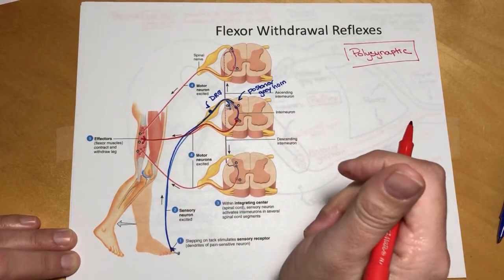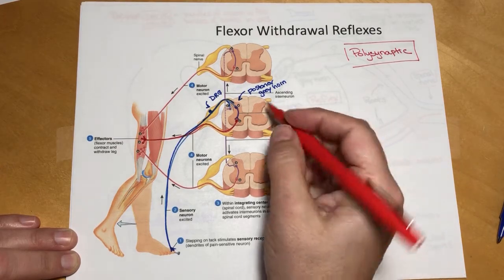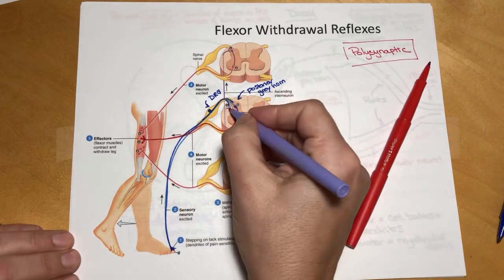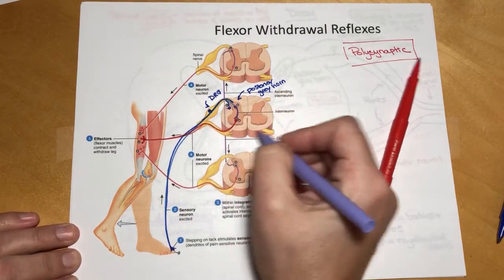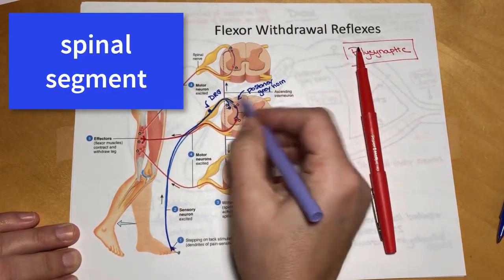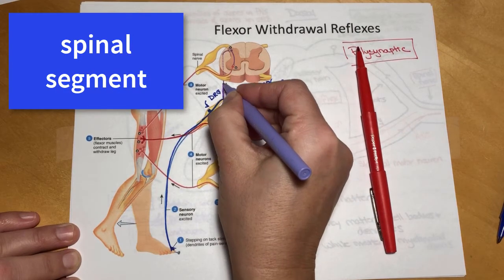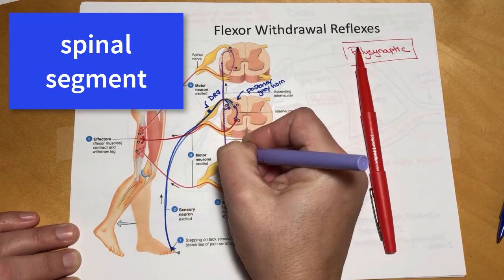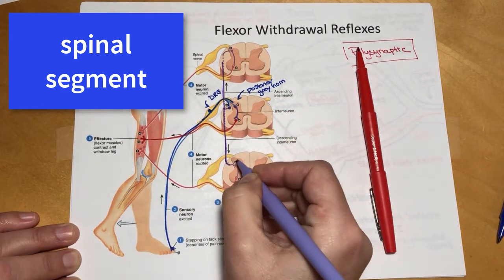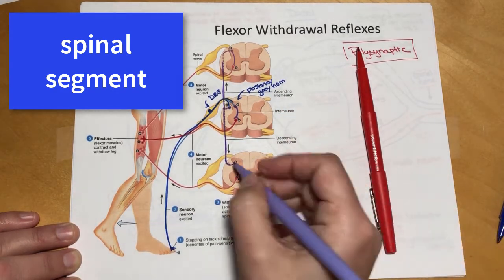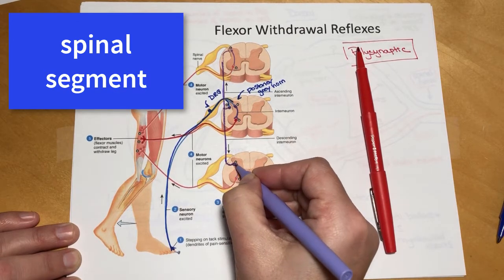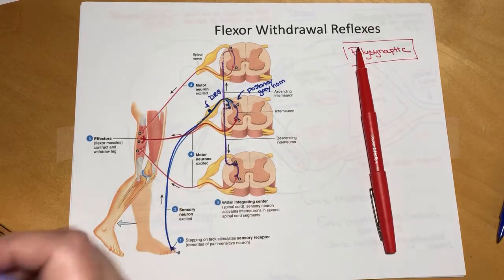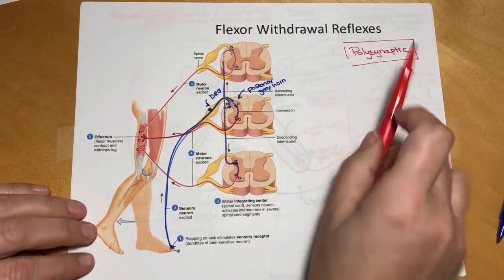However, something we haven't seen yet is an ascending and descending tract. So from this slice of the spinal cord, we can go up to the next slice, or we can go down in a descending tract to the next slice down. And we're going to synapse there with another interneuron, which is actually going to expand the response.